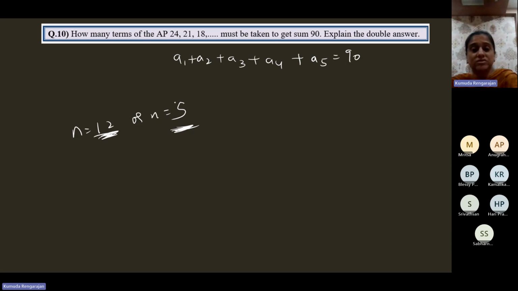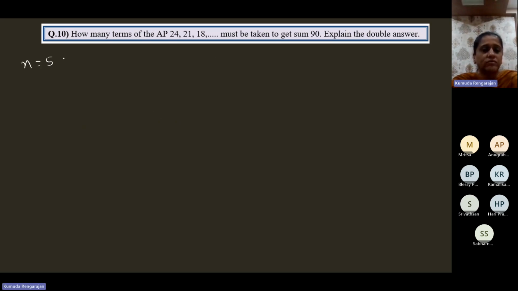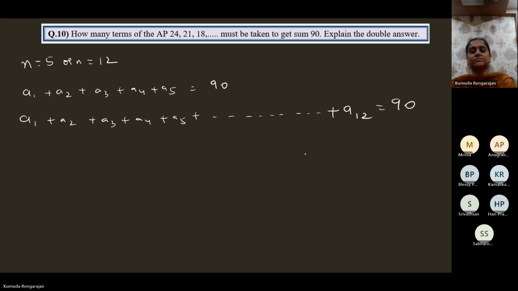N is 12 means A1 plus A2 plus A3 and so on up to A12 is equal to 90.